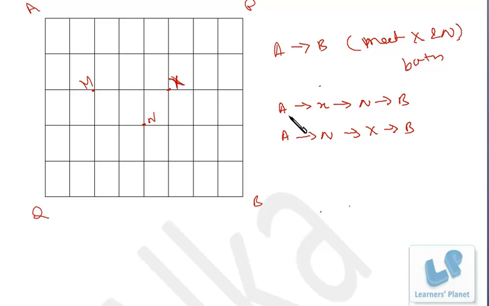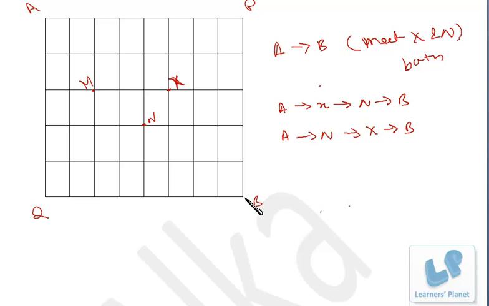So first of all, let's go for A to X. So 1, 2, 3, 4, 5, 6, 7, then N, 8, 9, then 10, 11, 12, 13, 14, 15. So in this case, 15 steps are there. And in this case, 1, 2, 3, 4, 5, 6, 7, maybe 8, 9, 10, 11, 12, 13, 14, 15.